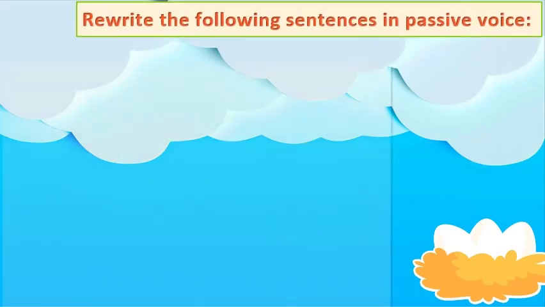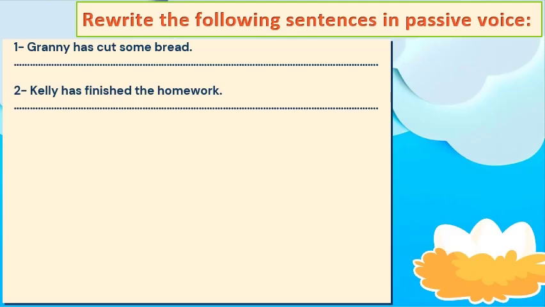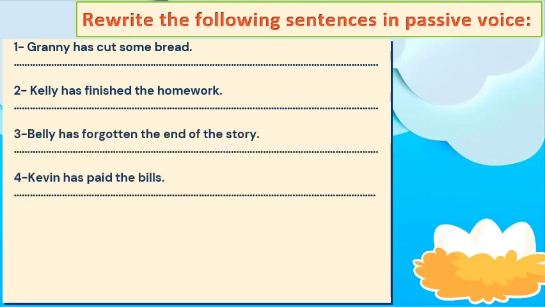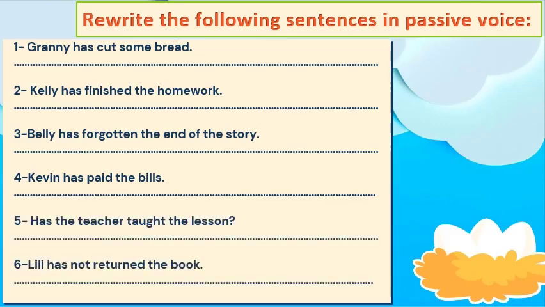Let's take the examples before we finish. Number one, Granny has cut some bread. Let's start with the object here. Where is the object? And this sentence is in which tense? Yes, Granny has cut some bread. It is in the present perfect. That's right.